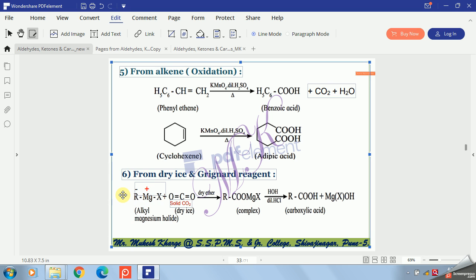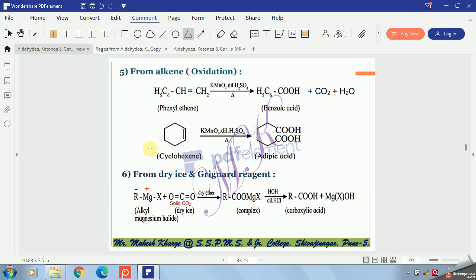so which is the negative part of the Grignard reagent? It is R. So now I write the reaction how this Grignard reagent will attack on the carbon dioxide, that is dry ice.